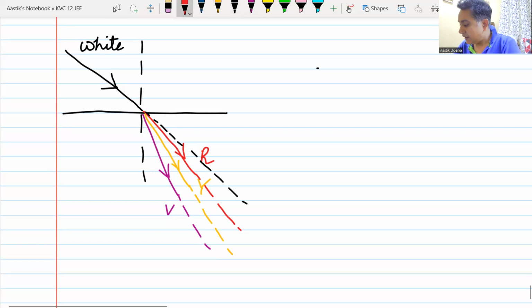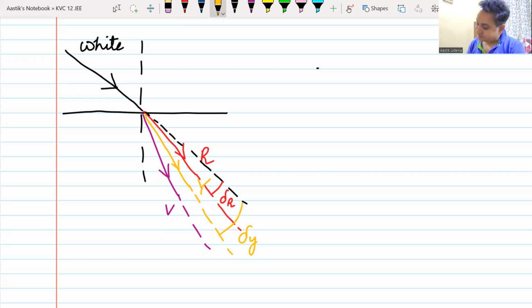Now, the deviation of red light is this angle. We call it delta R. We call this delta Y. And we call this one delta violet.